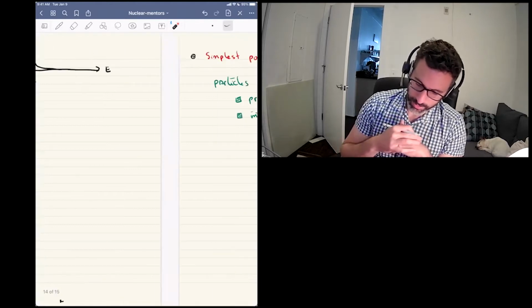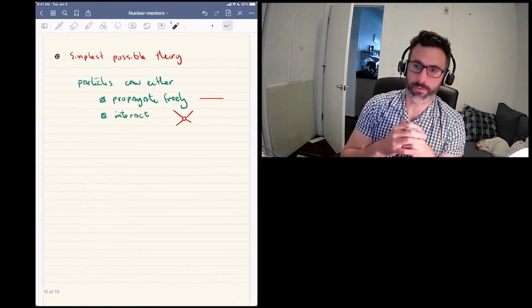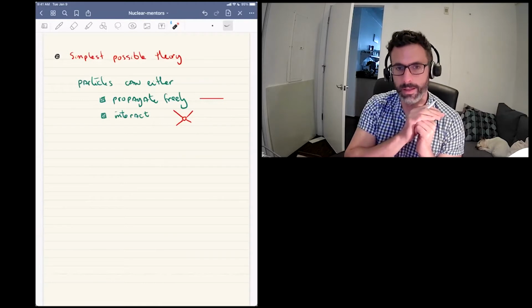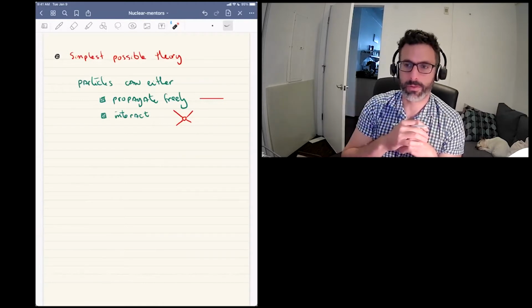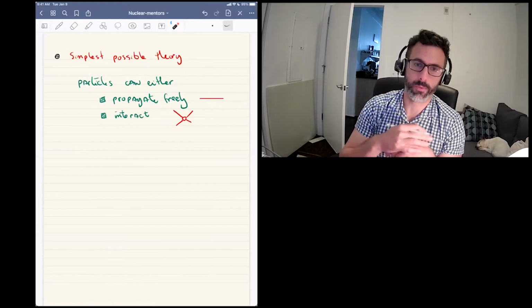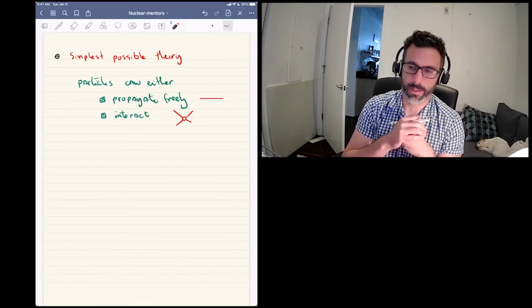But within this framework of quantum field theory, you can then show that basically every physical observable can be written in terms of Feynman diagrams. And so today we're gonna introduce the concept of Feynman diagrams for a simple field theory.